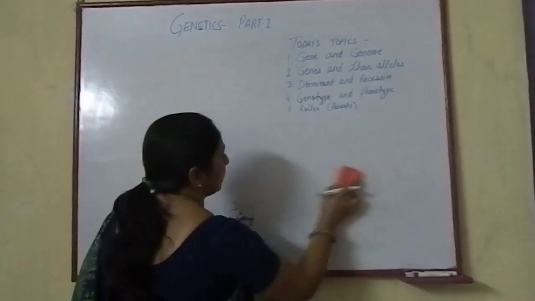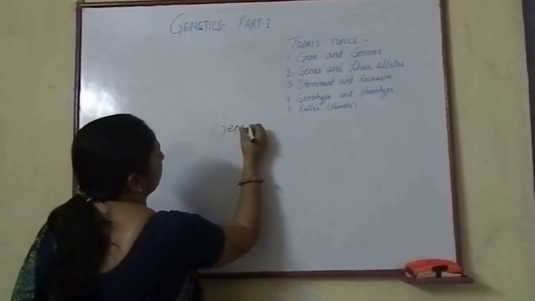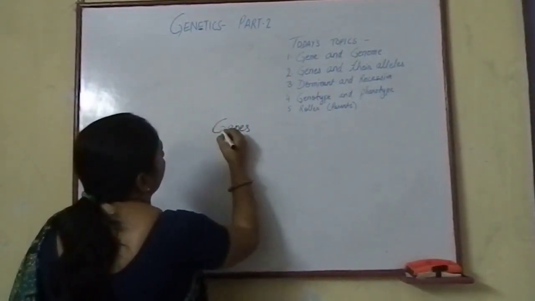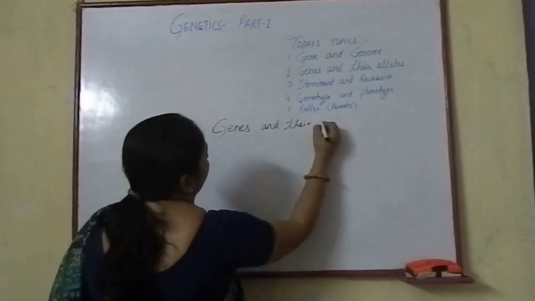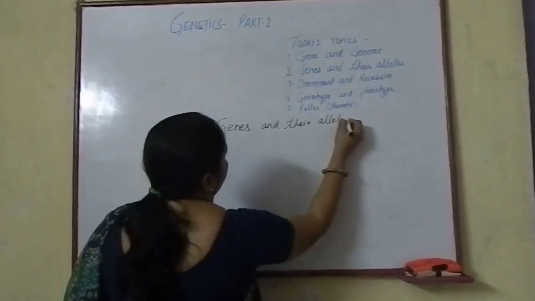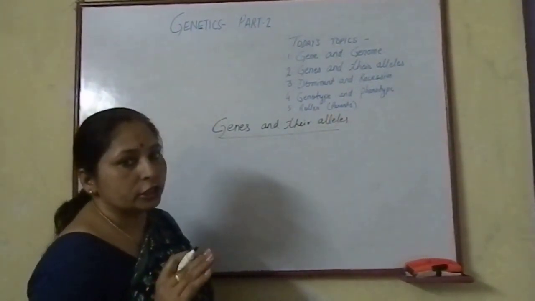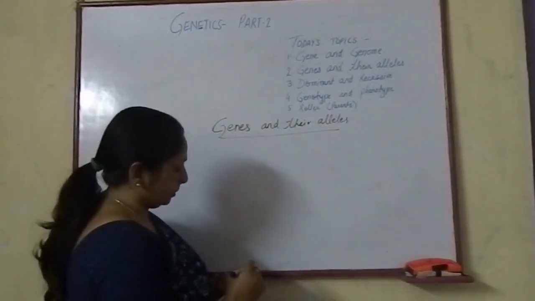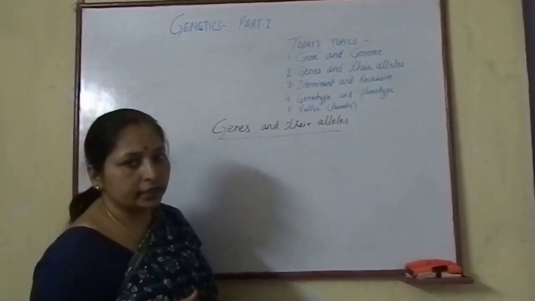Next is genes and their alleles. Every gene located on a chromosome segment has a contrasting character.